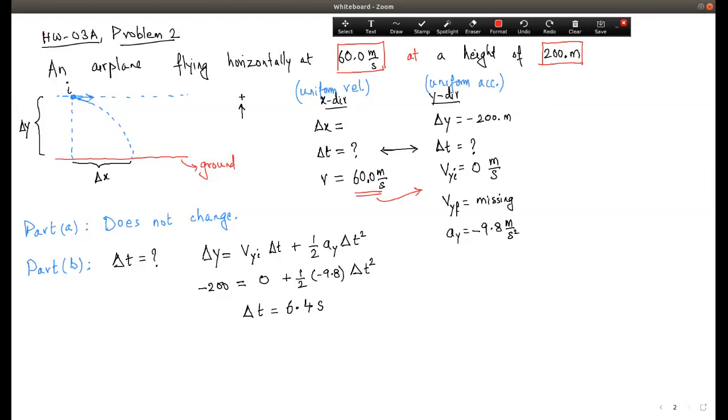Even though it is moving, it is not contributing to the time that it takes in the vertical direction. The time is decided by the vertical properties of this configuration, and that does not involve the horizontal velocity, so it does not change.